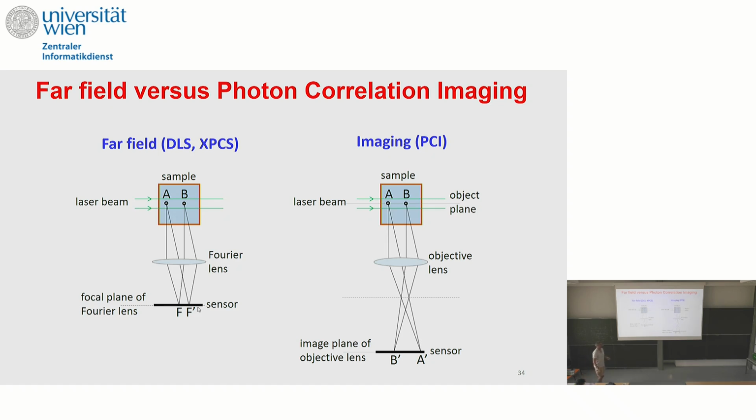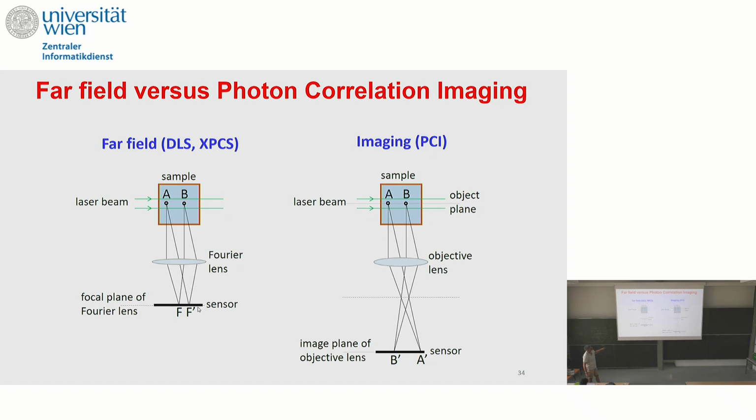There is a variant, yet another offspring, which is called photon correlation imaging, which is a slightly different way of doing scattering. The idea is that now you use your lens to make an image of the sample, much in the same way you would take an image with a camera or with a microscope or something like that.